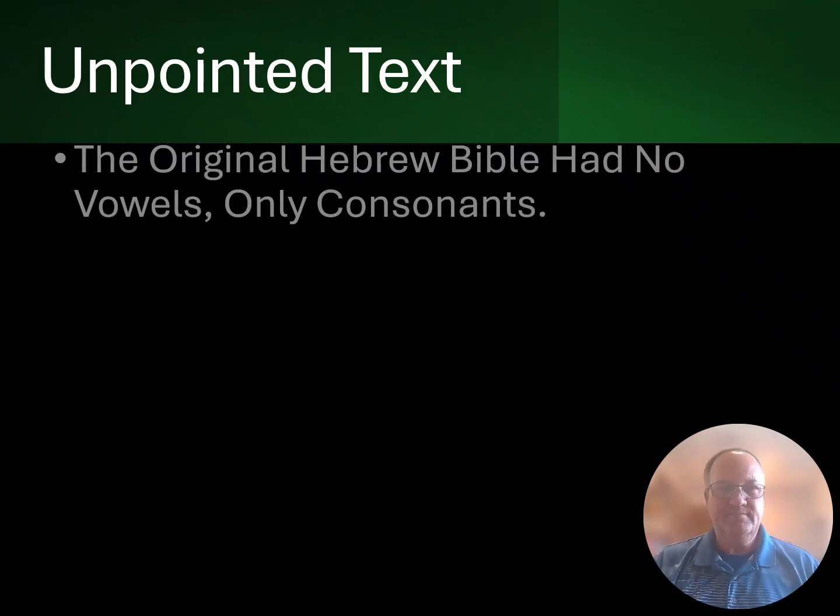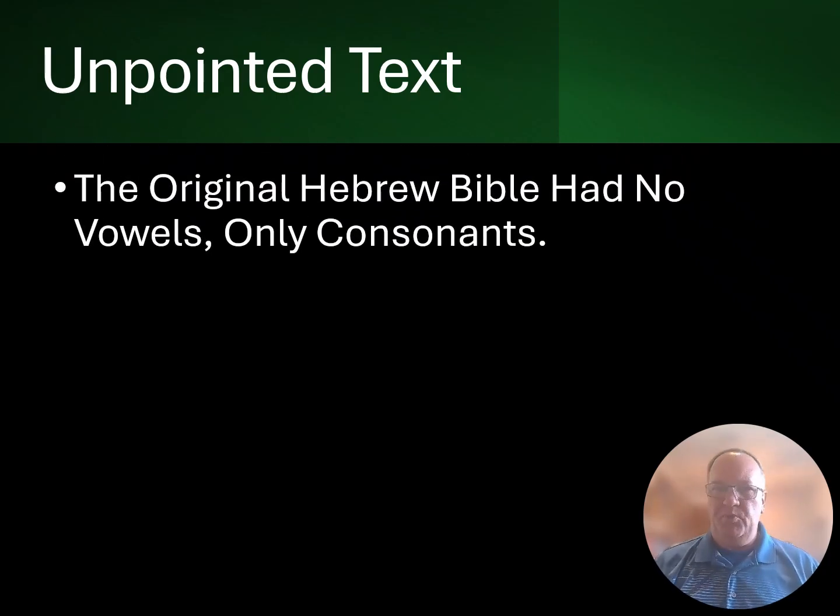So these changes that we're talking about sometimes are referred to as the unpointed text. The original Hebrew Bible had no vowels, only consonants, and that's what I meant. They had consonants but no vowels. A's, E's, I's, O's, U's, right?